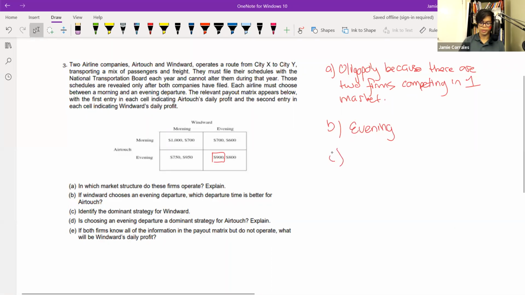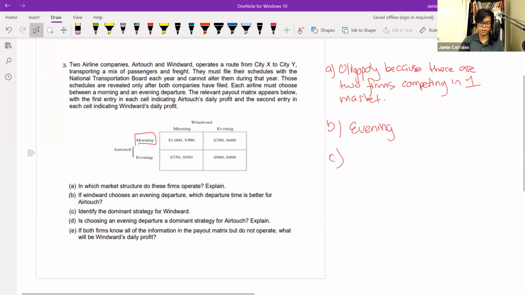Part C, identify the dominant strategy for Windward. What is a dominant strategy? It is your move that you're going to make regardless of what the other player does. So we're trying to figure out if Windward has a dominant strategy. Let's say Air Touche decides to go morning. What's Windward going to do?